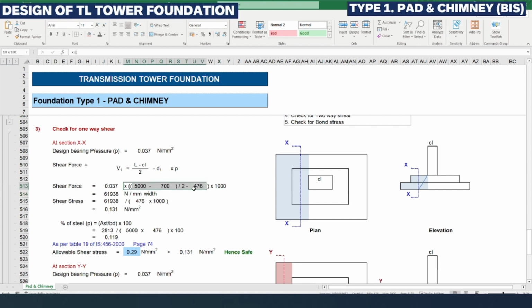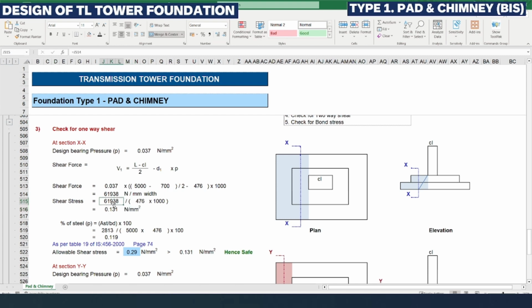The whole is multiplied with the bearing pressure stress value, and we get the shear force in Newton. Here we have considered only 1 meter, that is 1000 mm, so this is for 1000 mm width, or per mm width.